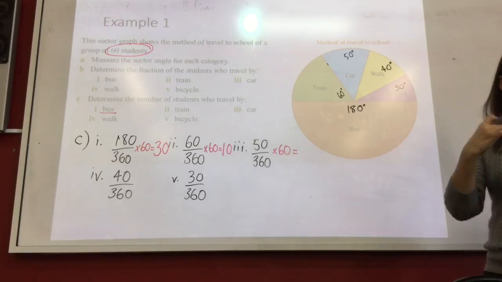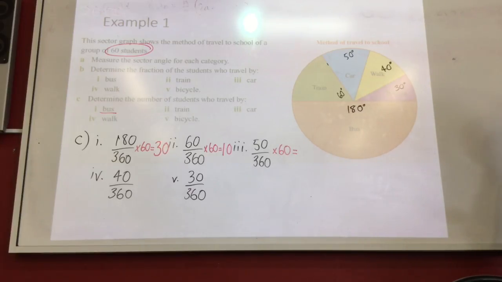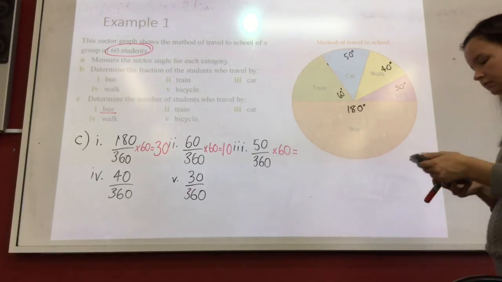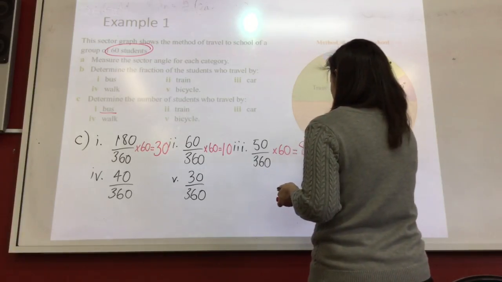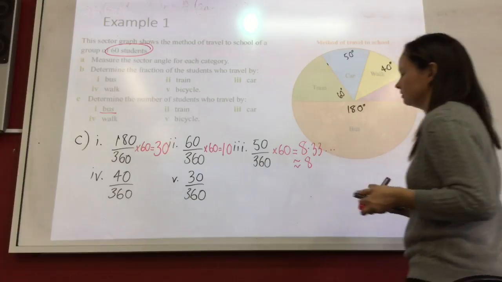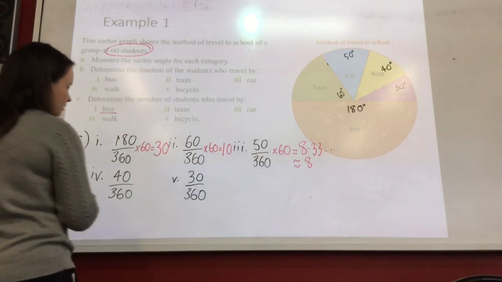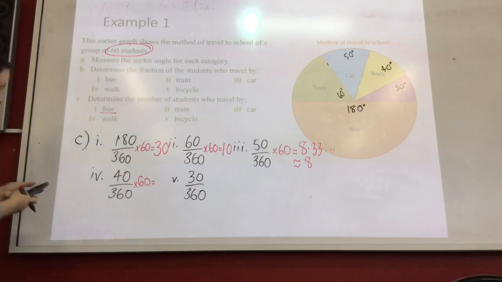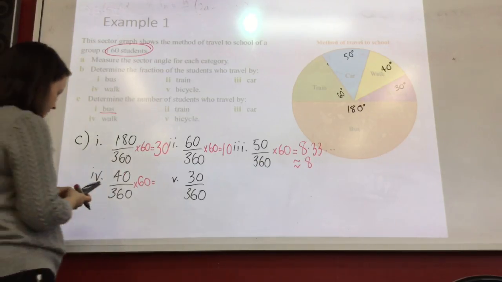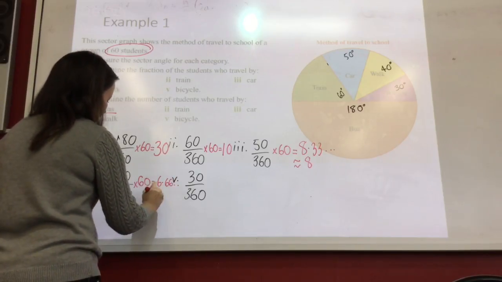Still need to calculate that one. So then, yeah, we'll write 8.33. So we'll just write approximately 8. I'm guessing one of these will make us round up usually. Yeah, this one is 6.666. So say approximately 7.